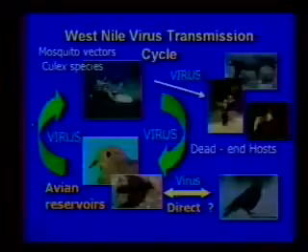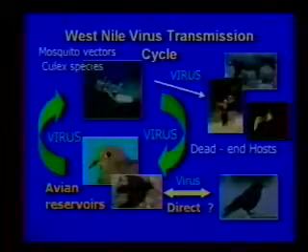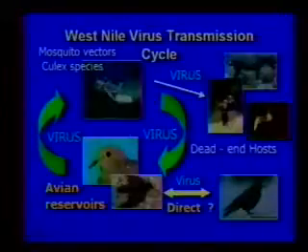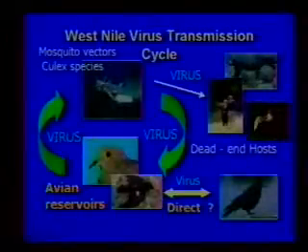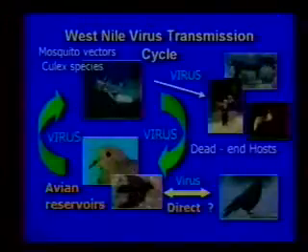And the virus is really perpetuated in a cycle involving birds and mosquitoes, and in this cycle the crow, and we'll come back to this later, is also involved, has a very high level of viremia, but often dies, whereas most birds in fact do not show clinical disease.